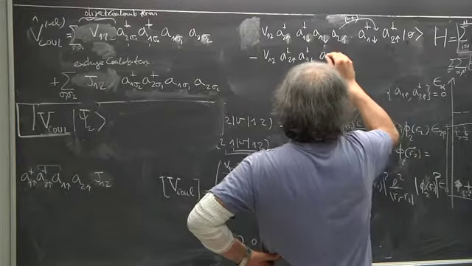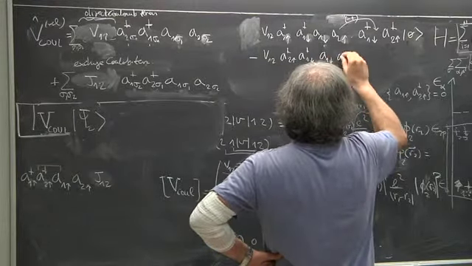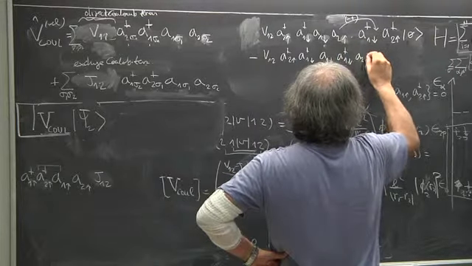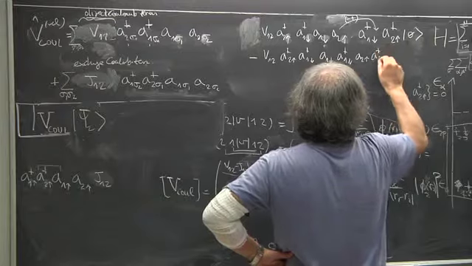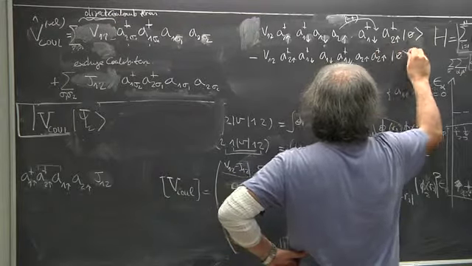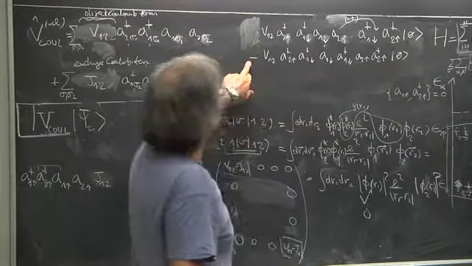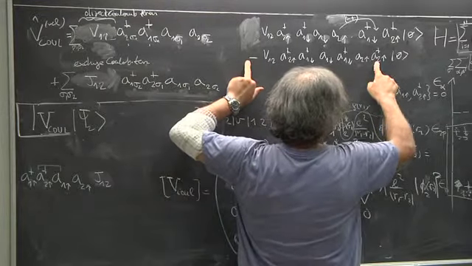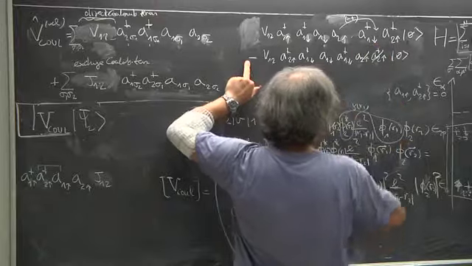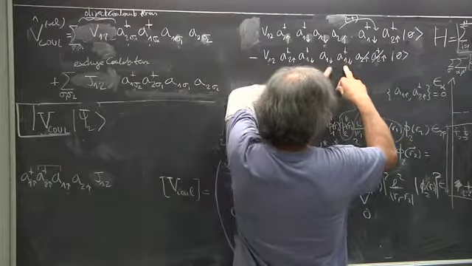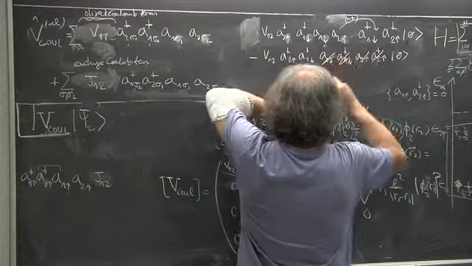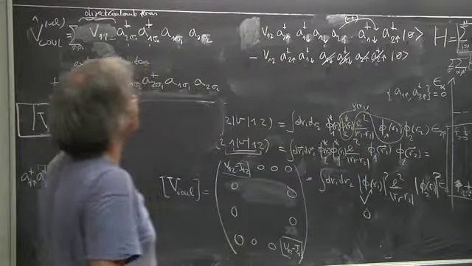And then I have A1 down, A dagger 1 down, and now A2 up, A dagger 2 up, vacuum. Okay? I've paid my minus sign, and now they are in this form. So 2 destroys the immediate creation of 2, they go. 1 destroys the freshly created 1, they go. Okay? And you have that state.